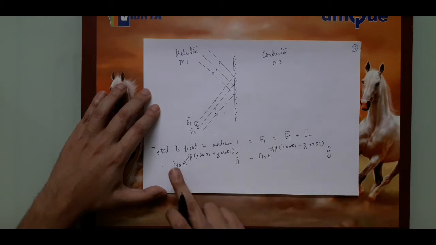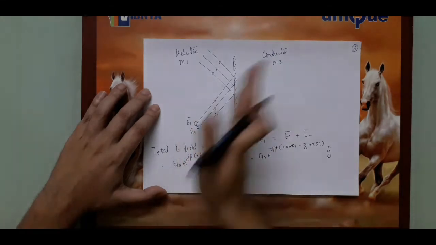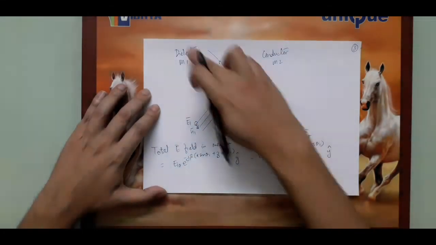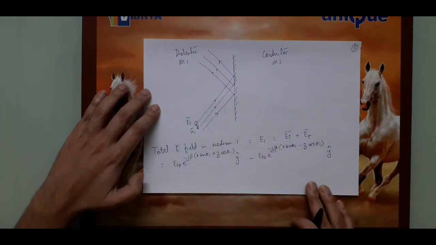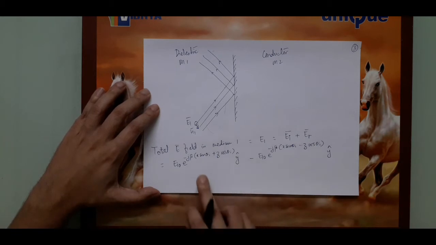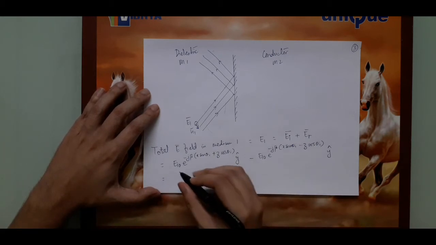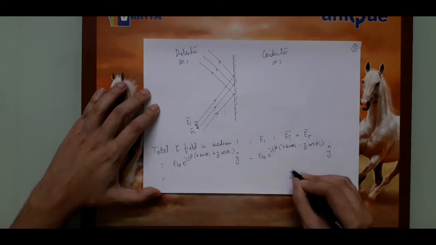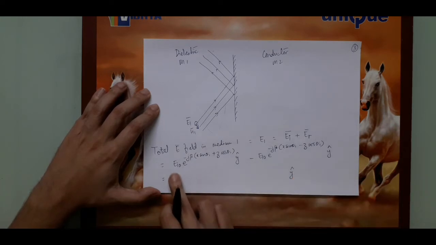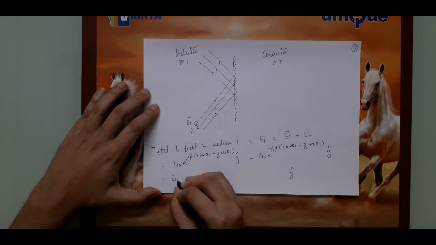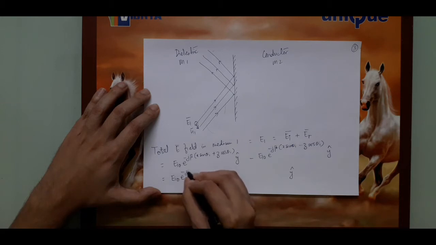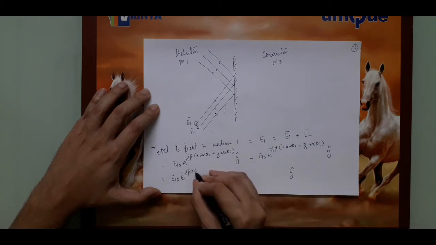So remember, this EI0 was decided earlier, even when the field had not yet hit the boundary. But the moment the reflected wave is generated, it must be generated with an equal and opposite magnitude. So let's get down to business. I can take some terms common over here. The y vector will continue to stay outside. So EI0 and this e raised to minus j beta x sine theta I, I can take outside as common.